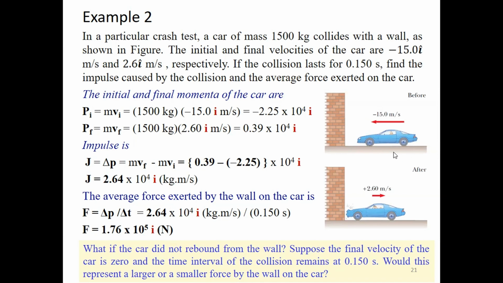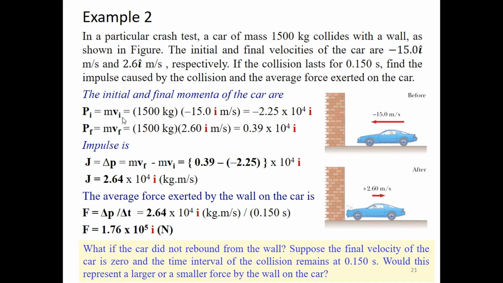If we go for these two things, first of all, look at the vector. Minus 15.0 meters per second is the initial velocity, and the final velocity is in the other, positive x direction, giving us 2.6 meters per second. So the final vector is small as compared to the initial vector. So we first find the initial and final momenta of the car.